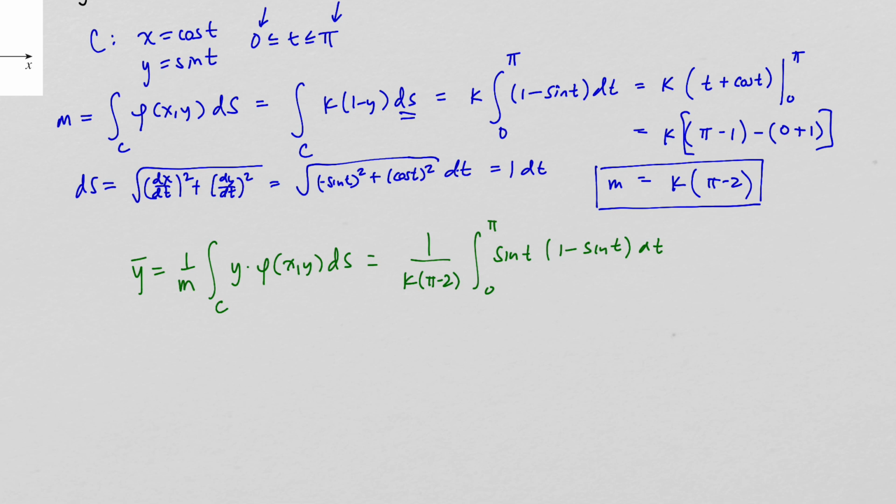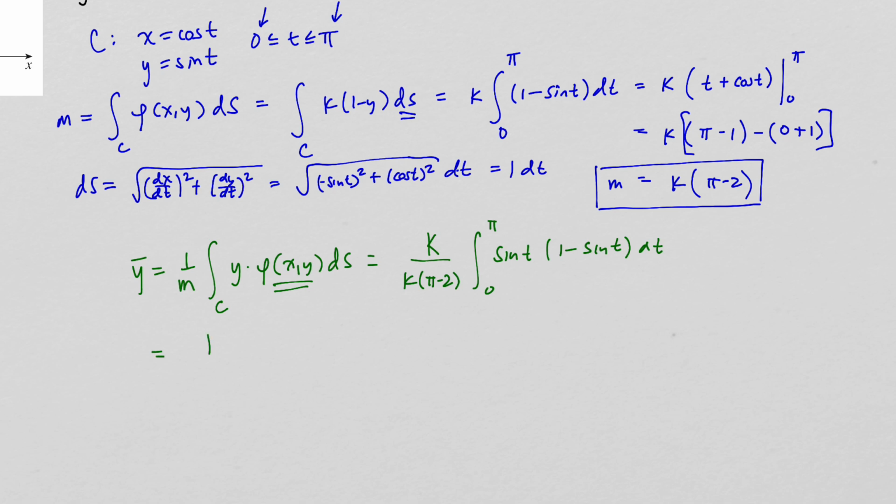And then don't forget we also have another k in here, so we'll pull that out. I am using the fact that rho of xy is the same function, k times 1 minus y, and then I'm using the fact that y equals sine of t. So y equals sine of t there, and then the rho function is the same. So we just need to integrate this now, which is a little bit more work.